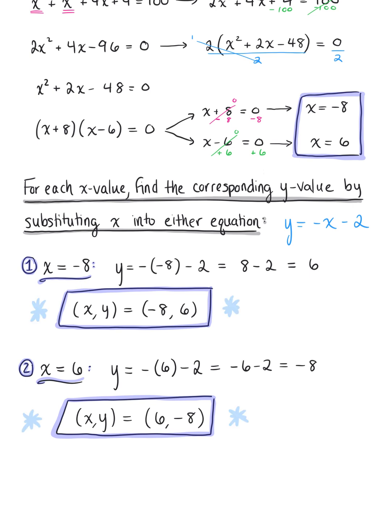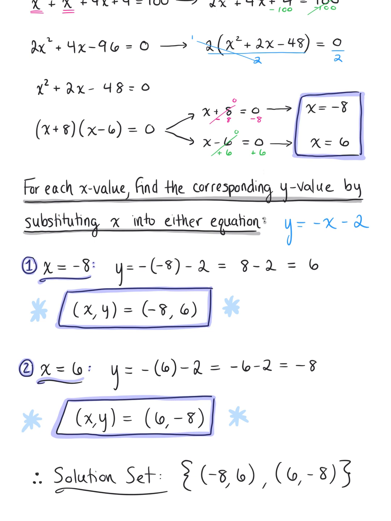So these two ordered pairs together form the solution set for the system of equations, and as we will shortly see, are going to be the points where the graphs of these two equations intersect. So let's go ahead now and take a look at their graphs.